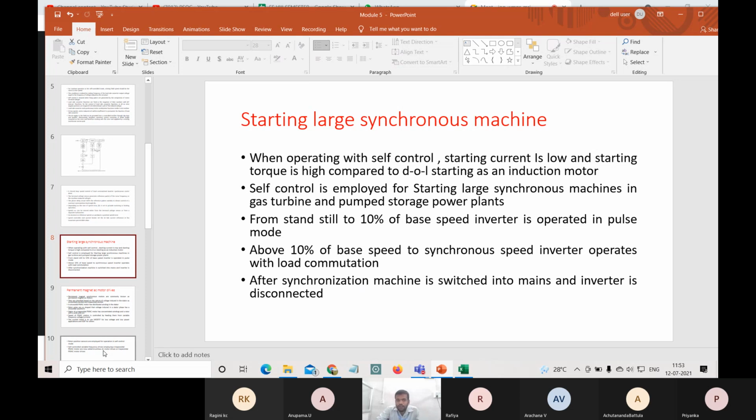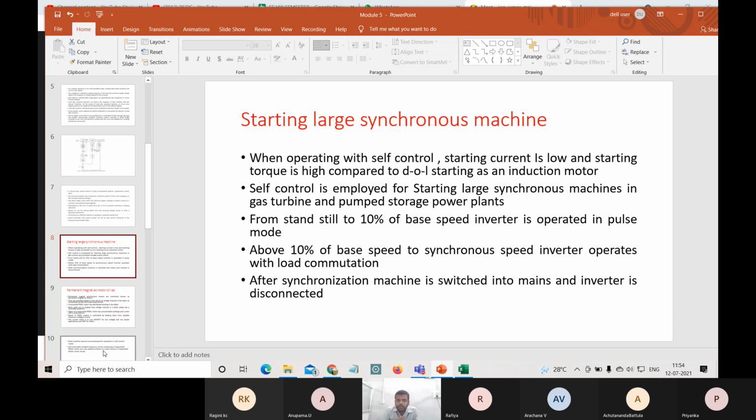The self-controlled starting of the synchronous motor is done in gas turbine and pumped storage power plants. This kind of equipment or strategy is placed there for starting large synchronous motors.